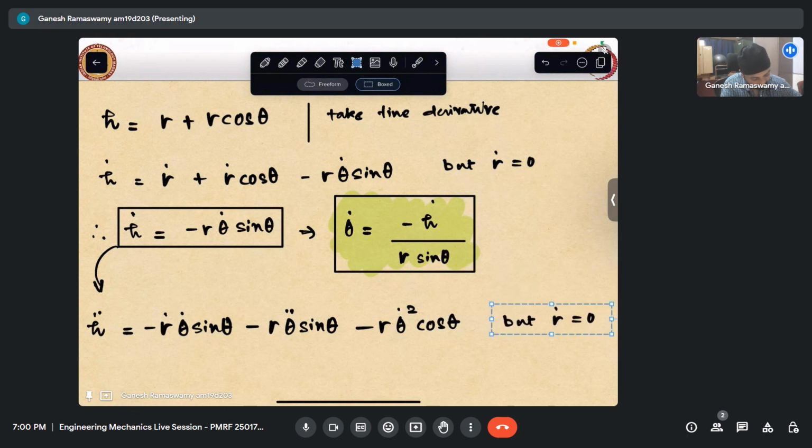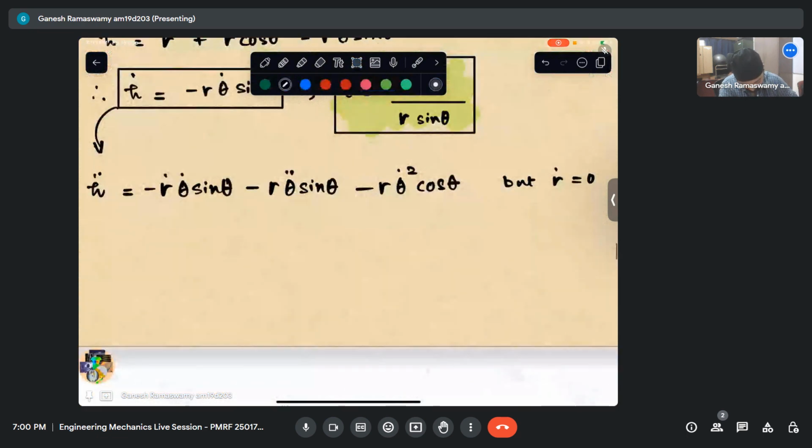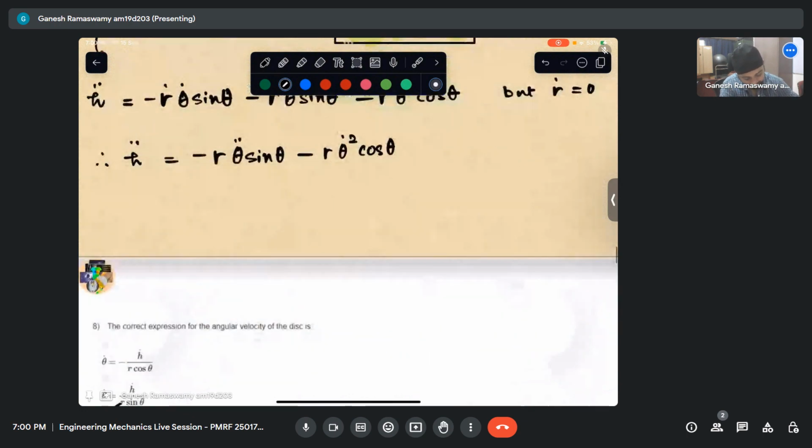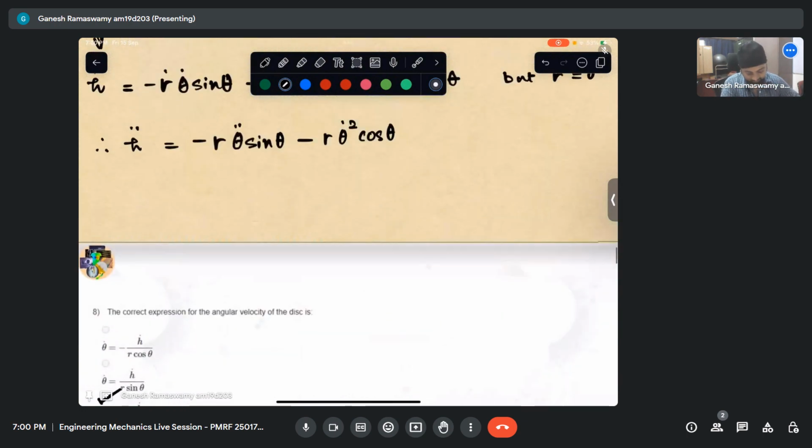So therefore h double dot comes out to be minus r theta double dot sin theta minus r theta dot squared cos theta. So this is my expression for the acceleration.